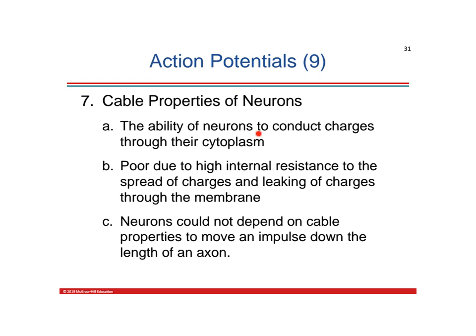Neurons have some ability to conduct charges through their cytoplasm. Remember that within the cell, you have a number of charged ions, sodium, potassium, chloride, things like that. Those allow for the movement of charges. But there's a fairly high internal resistance to the spread of charges. And the other thing is that these neurons are actually fairly leaky.